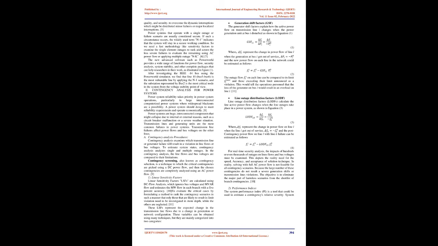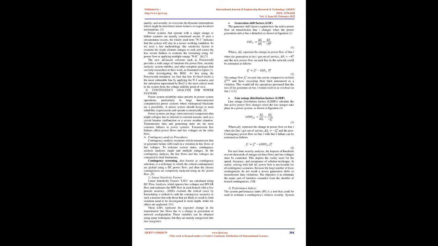2. Contingency analysis for power systems. Power system reliability takes priority in power system operations, particularly in large interconnected computerized power systems where widespread blackouts are a possibility. A power system should be designed to meet reliability requirements and operate economically.